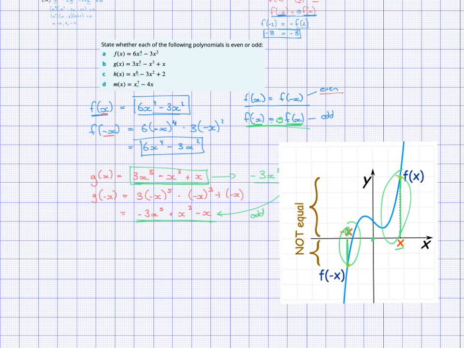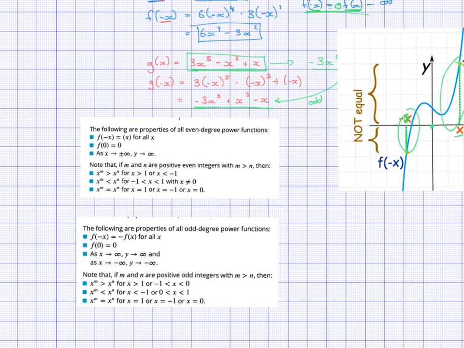To finish off this part, there are a few properties for all even degrees and all odd degrees. All right, so we notice that for even powered functions, the negative input gives the same as the positive output. f(0) is always 0 because 0 to the power of anything is 0.